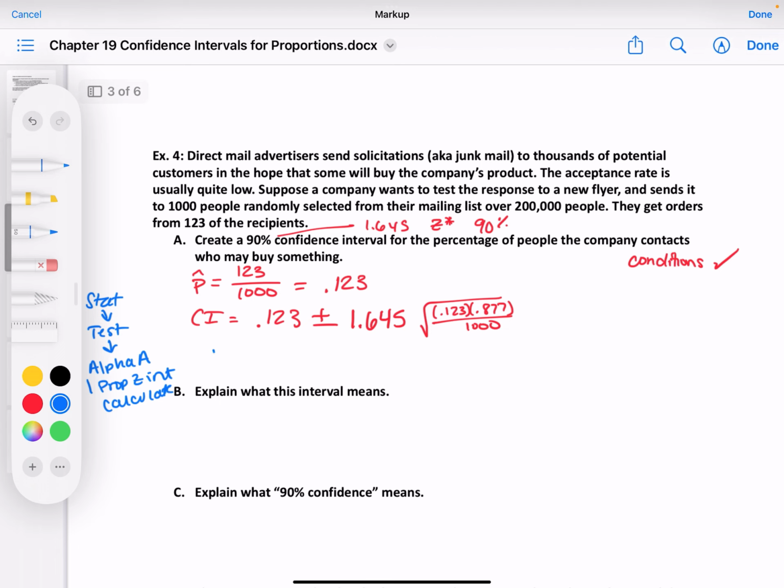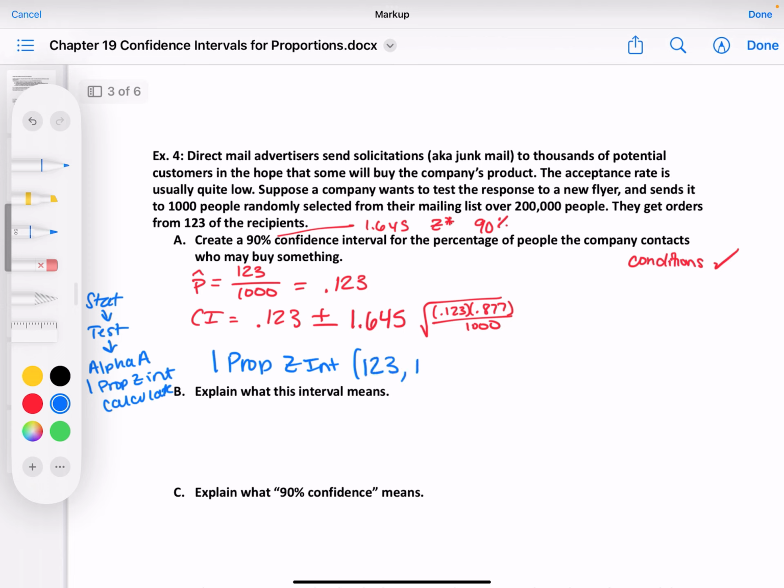So 1-prop Z interval. It'll ask you for the number of people who did whatever, the number, 1, 2, 3, so 123.